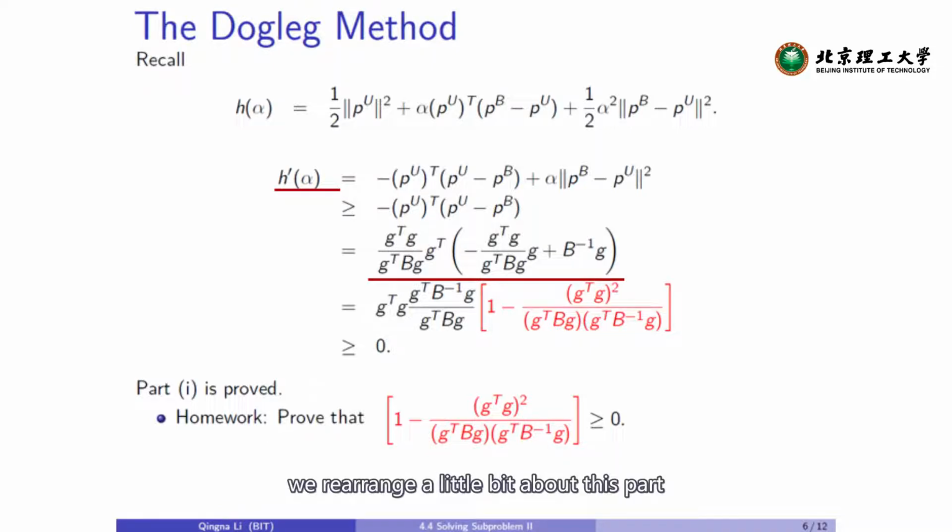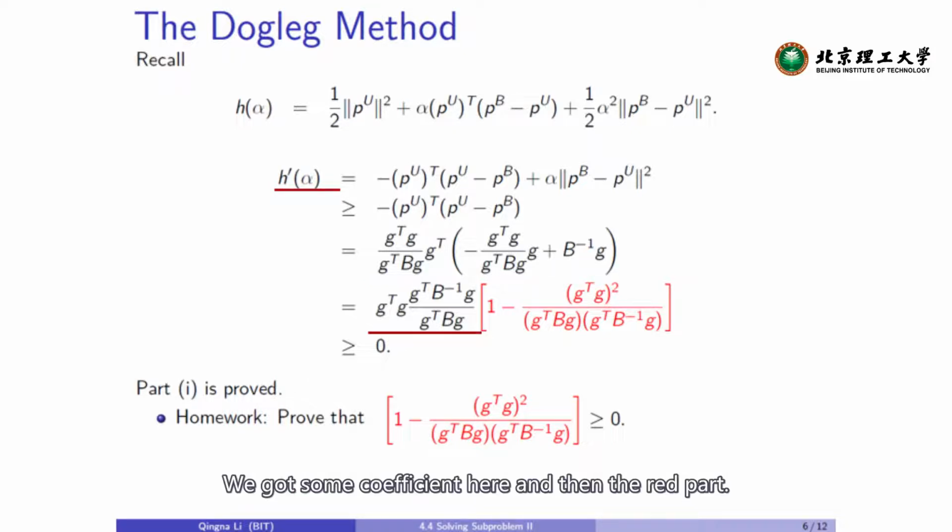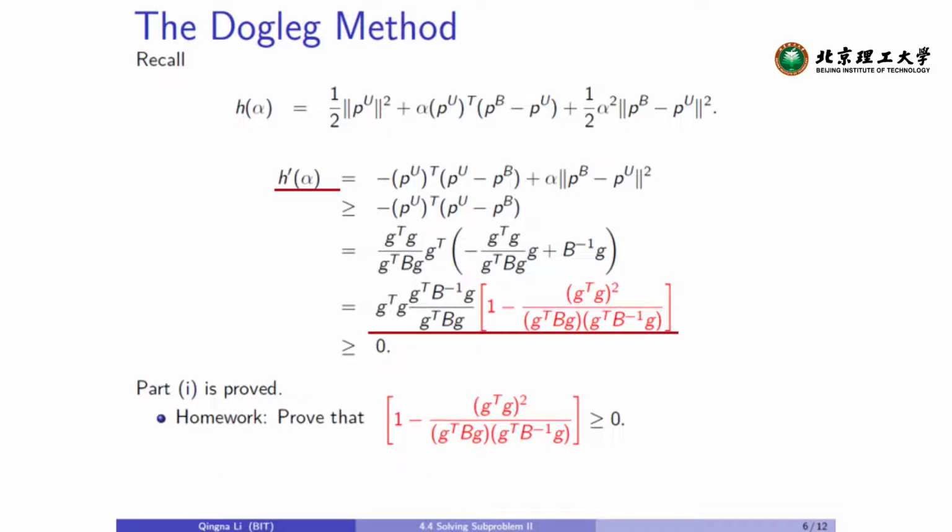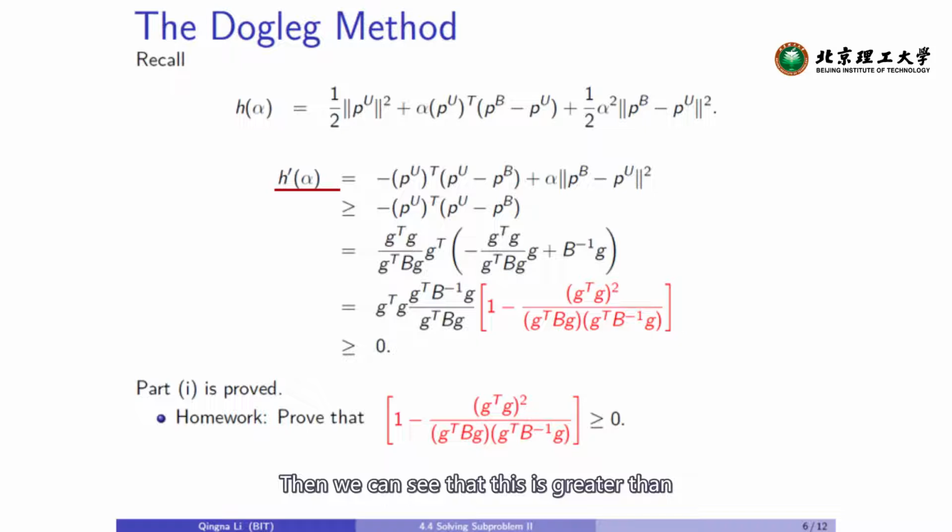We rearrange a little bit, and then we get the equality here. We got some coefficient here and then the red part. Actually the red part is a non-negative one, so this is greater than or equal to 0. Overall, we can prove that h prime alpha is non-negative.